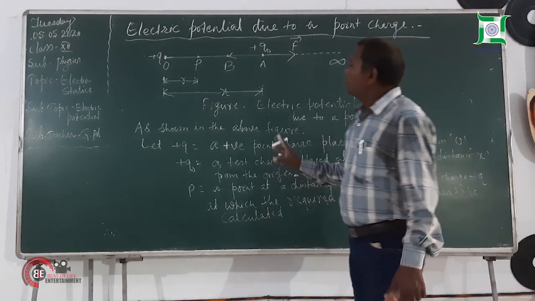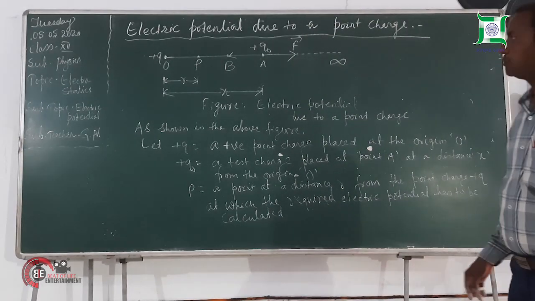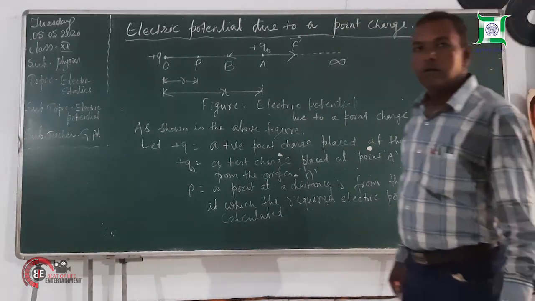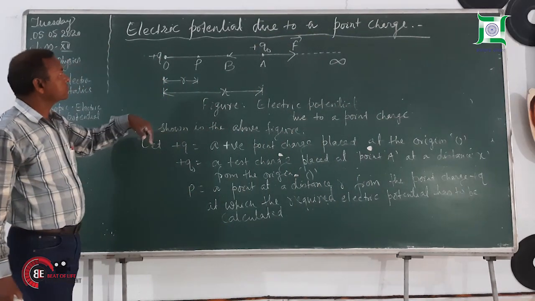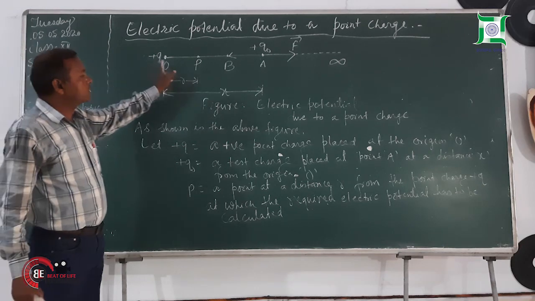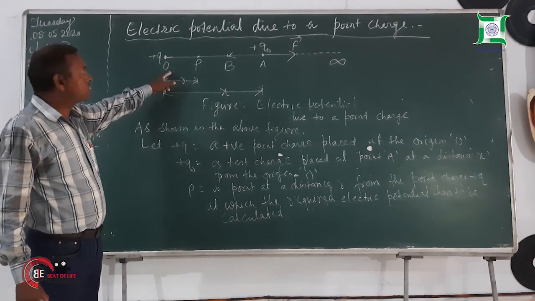Next, we determine the electric potential due to a point charge. As shown in the diagram, here plus Q is a positive point charge placed at the point O, the origin.